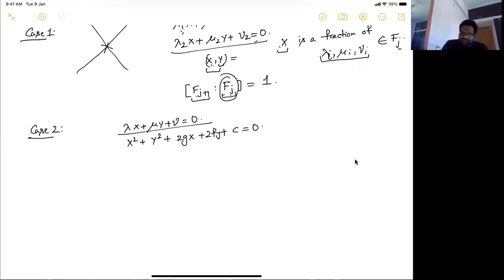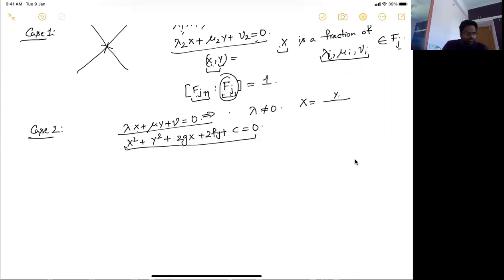So assuming without loss of generality that lambda is non-zero, you can substitute for x an expression in y. From this, you express x in terms of y, and then substitute that expression in here.